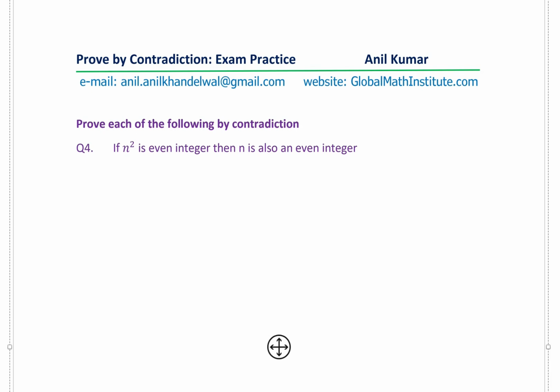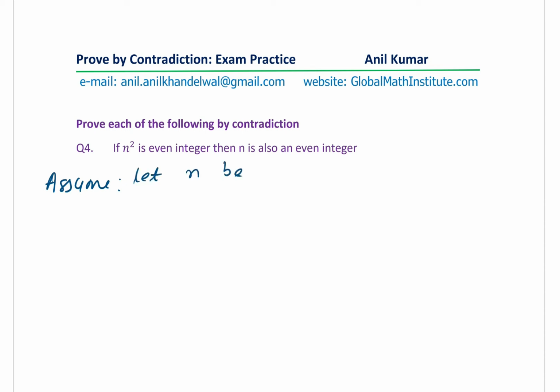Question number 4 here is, if n squared is an even integer, then n is also an even integer. So again, what will you assume? Let n be an odd integer.